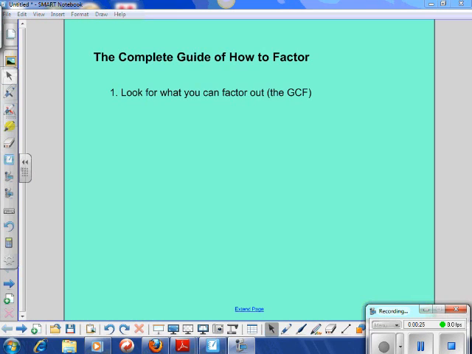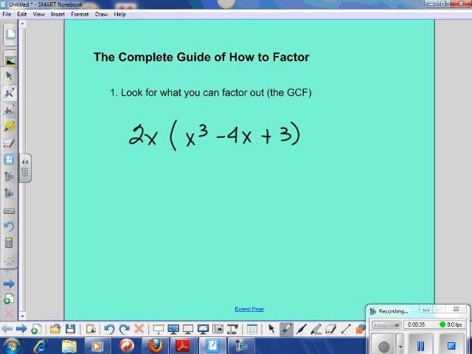So if you look at your distributive property, if you have 2x times x to the third minus 4x plus 3. Remember, when you distribute, you first took that 2x to every term inside. Now, x to the third, remember, has the implied 1 in front. So take your coefficients first. 2 times 1 is 2. x times x to the third is x to the fourth.